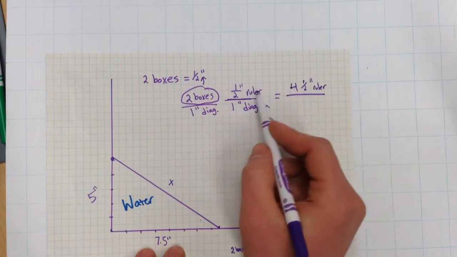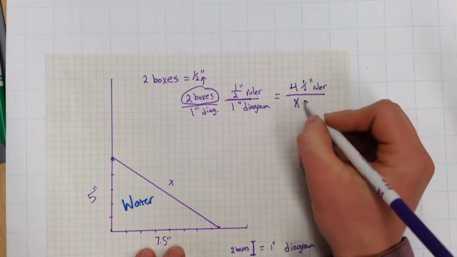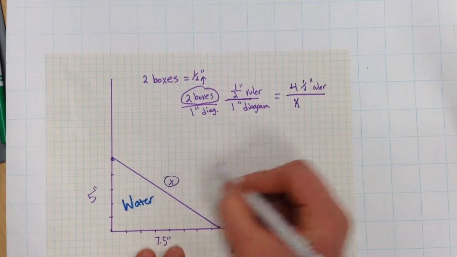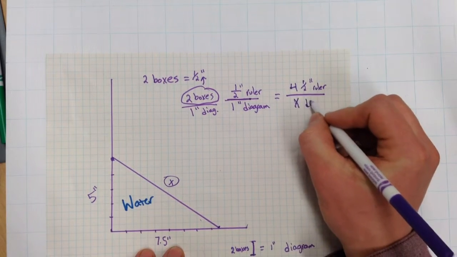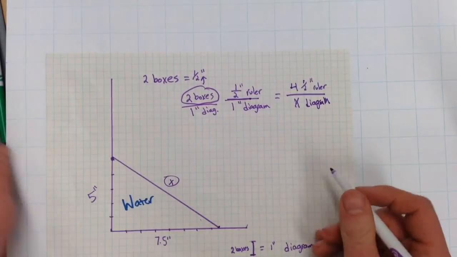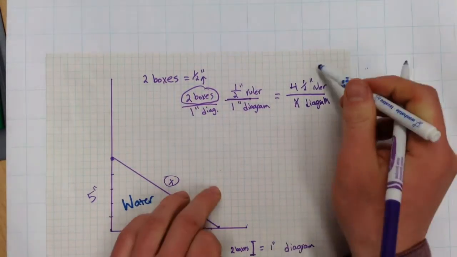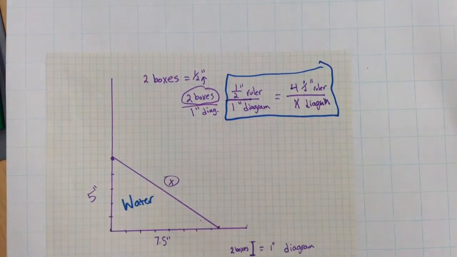Well, if you see, I have rulers up top on this side, so I have to put rulers on top on this side. So that means x, because I don't know how long it is on my diagram, is going to go in the denominator. So there we are. I have a proportion that hopefully you remember how to solve.